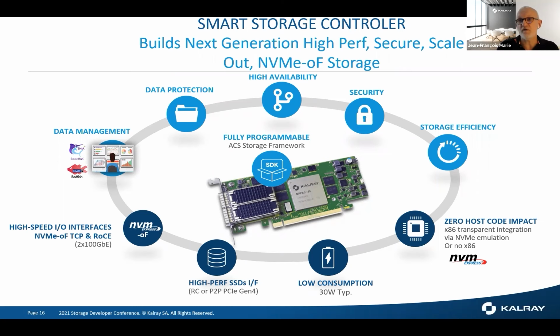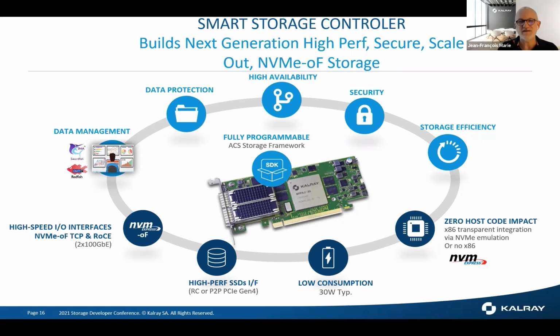Obviously, you need very fast interfaces, right? I mentioned here 100 gig. That's the minimum, 2 times 100 gig full duplex to support NVMe-oF, TCP, and RoCE at the same time. We need to support the latest SSDs, Gen 3 and Gen 4 NVMe SSDs. That's the beauty of NVMe, right?